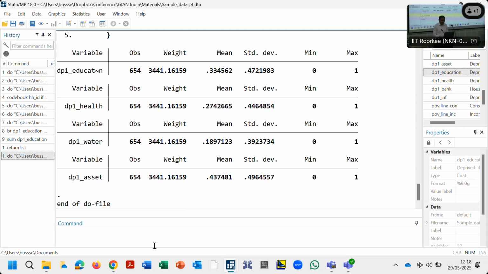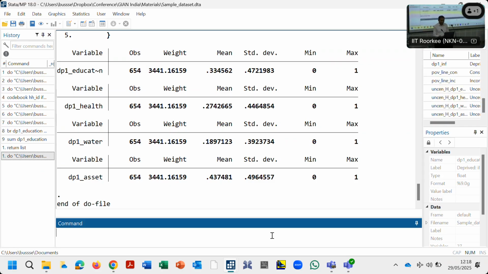Now, if you want to see how they look in your data, because I've created those variables, you have uncensored variables, right? So you just say browse uncen underscore star.